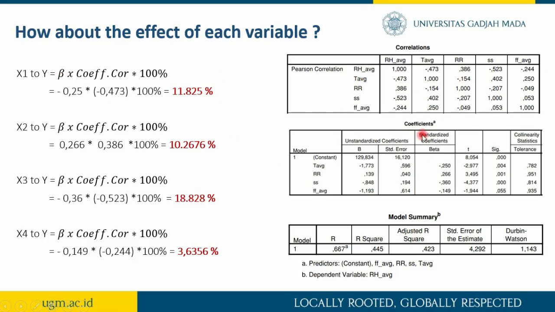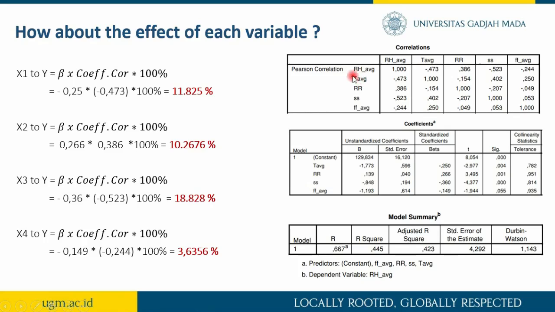This is for T average, or x1, which is minus 0.25.